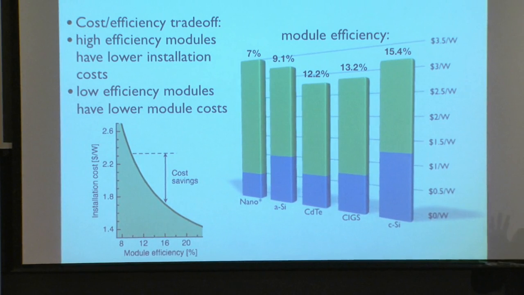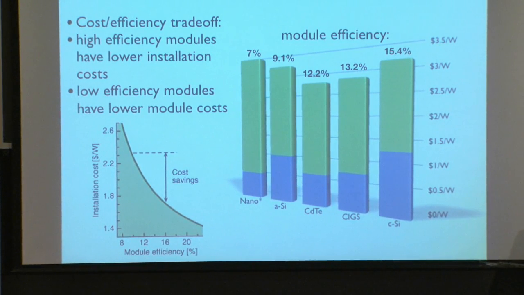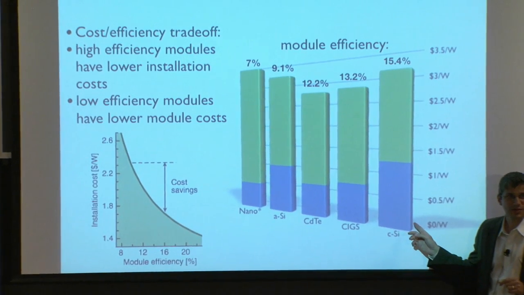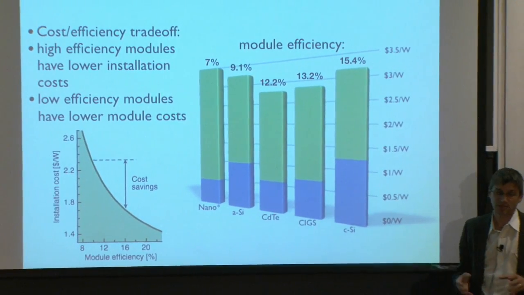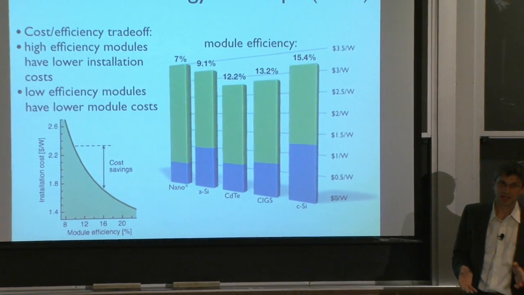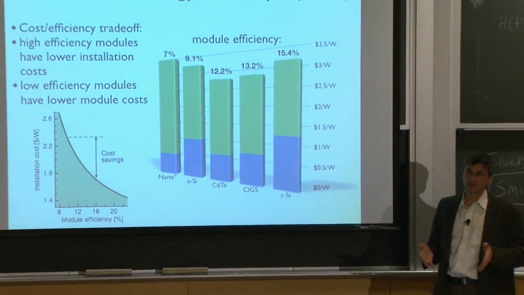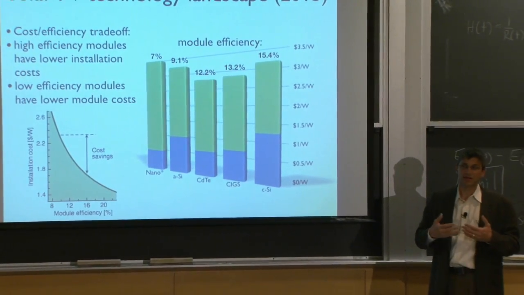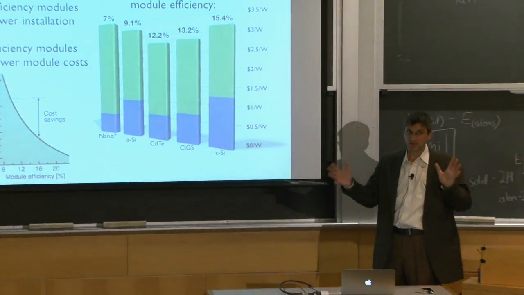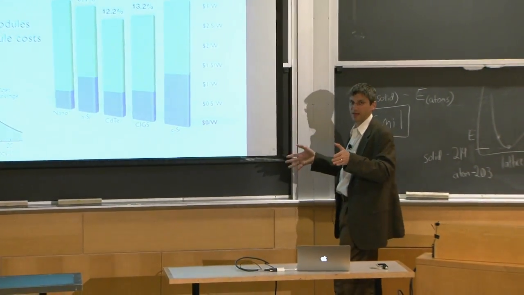Now, the interesting thing is that one of the reasons why installation of silicon PV is expensive is because it has to be put on glass, and glass is heavy. There are laws in this country about how much a worker can carry on a roof, and that limits how big you can make a panel.